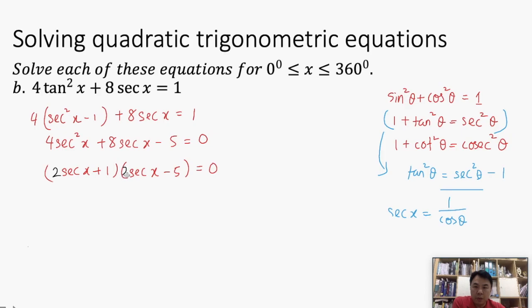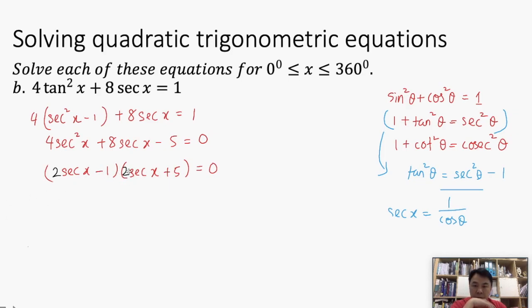This is a 2 here, so it's supposed to be 2 secant x plus 1, 2 secant x minus 5. So just let me check one more time. That is a positive 2. This part is supposed to be a minus. Yes, good. So this part is a subtraction, this part is an addition. Okay, this time I'm getting it right. Yes, correct. So there go the factors.